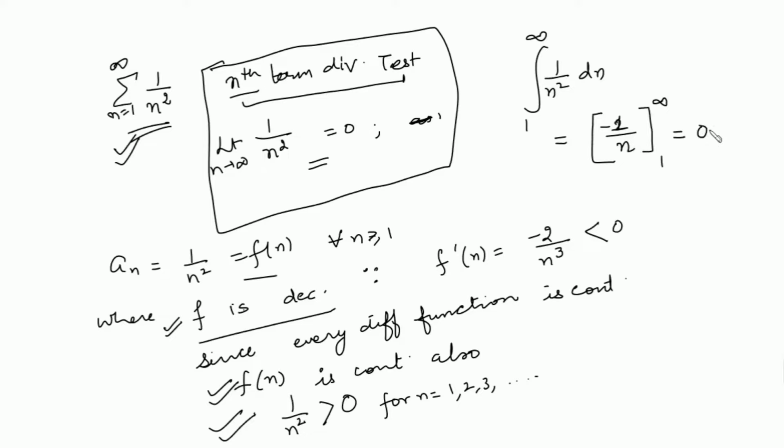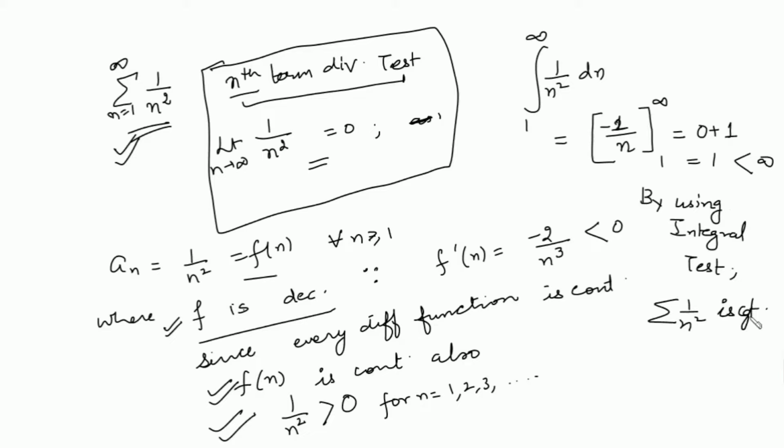When you put n to be 1, you will have 1. Now since the value of the integral is finite, by using the integral test, we get that the series 1 over n square is convergent. So this series is convergent by the integral test.